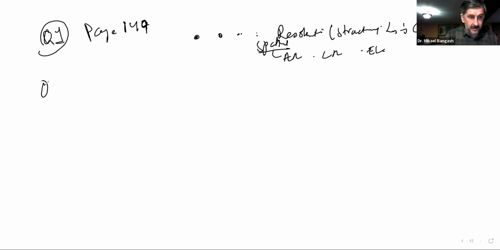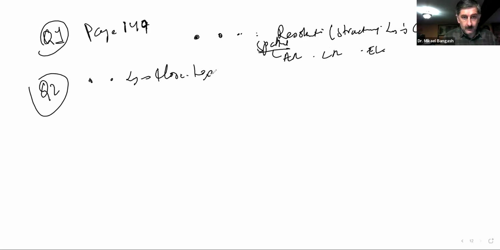Now, question number 2. The ability to distinguish two structures lying close together, front to back. Now, lying close together, we can say, distinguish between two structures lying close together.